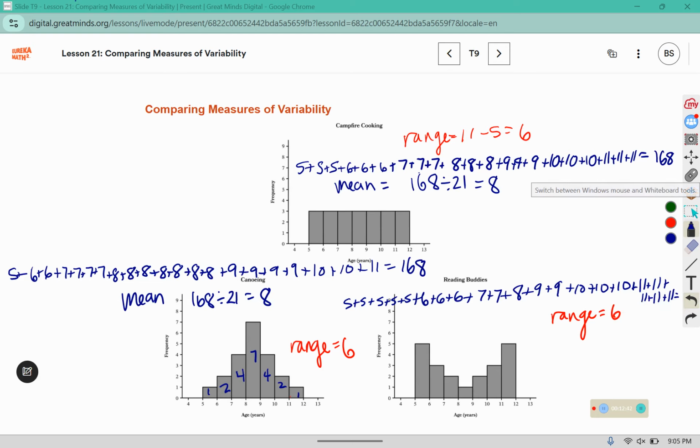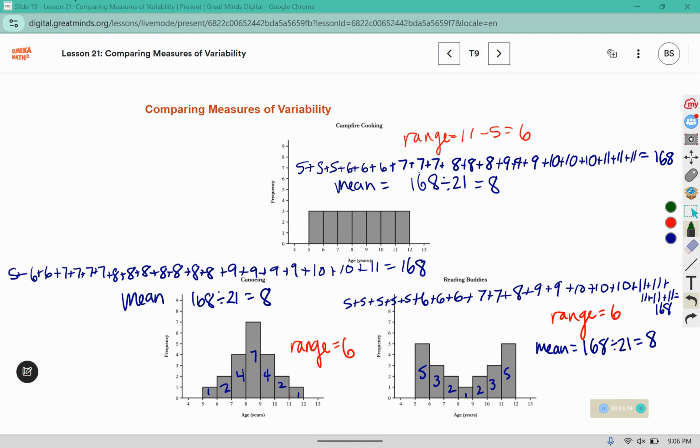Add all those together and then divide by, let's see, that's 5, 3, 2, 1. That'd be 8, 9, 10, 11, 12, 13. 13 plus 3 is 16, plus 5 is 21. So you're going to divide your total by 21, which is also a mean of 8.